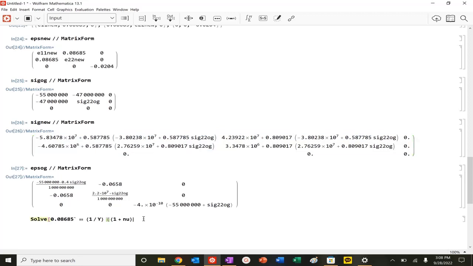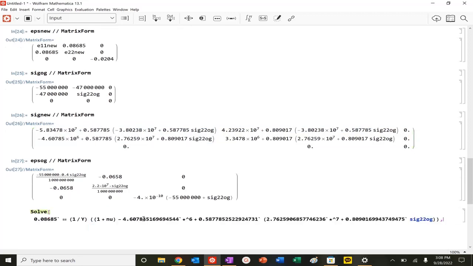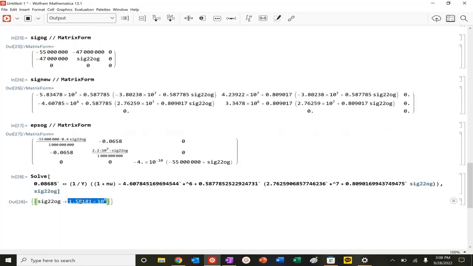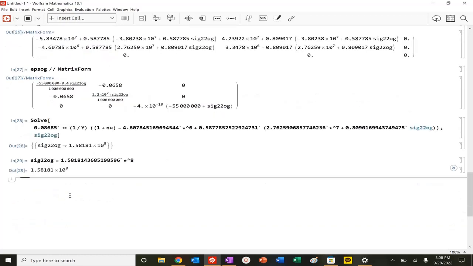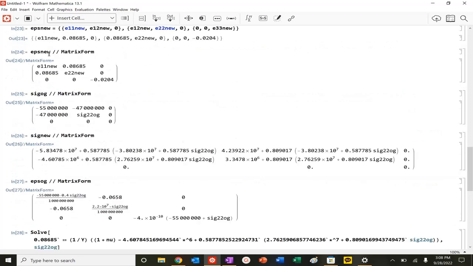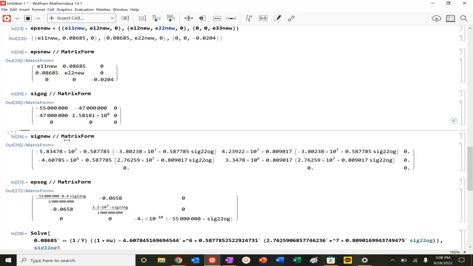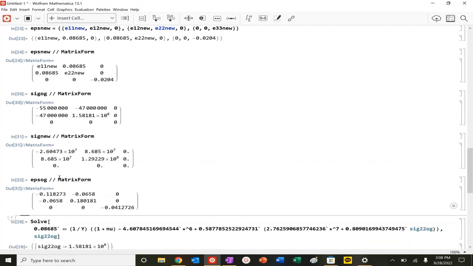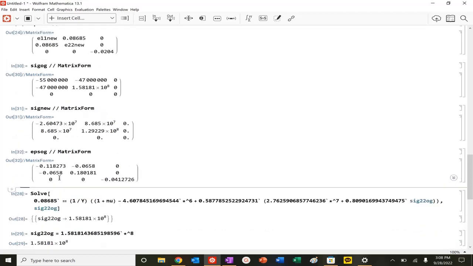So we can do that times this, and then solve for sig22 OG. Once we do that, we got this. Now we're starting to cook with gasoline. So now I should reevaluate: sig OG, sig new, EPS OG, good. All right, now we're starting to look pretty nice.